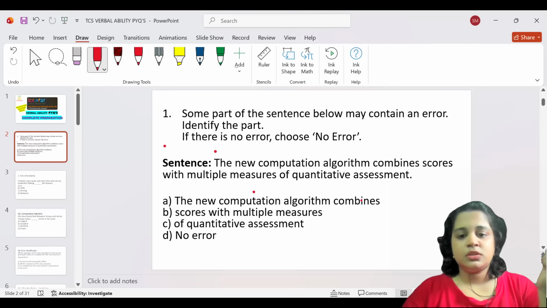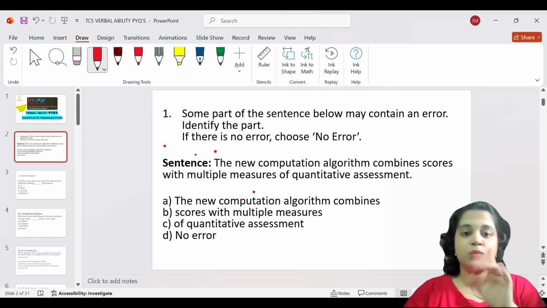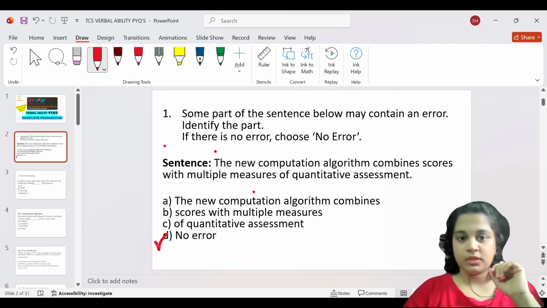The new computation algorithm combines, there's no error in this part. Scores with multiple measures, there is no error here as well. Of quantitative assessment, no error in this part either. Sometimes there might be errors, sometimes there might not, so read the question very carefully. In this particular sentence there are no errors, and therefore option D would be your correct answer.